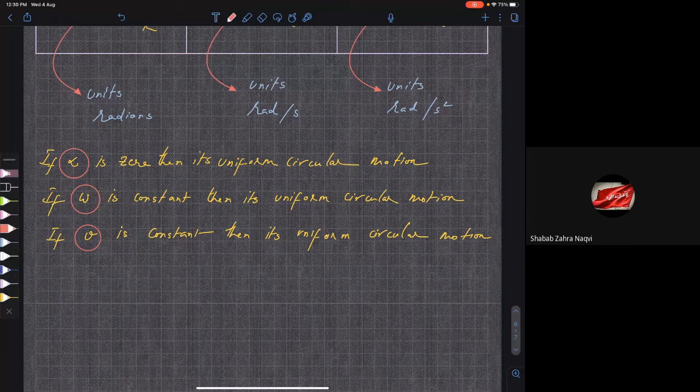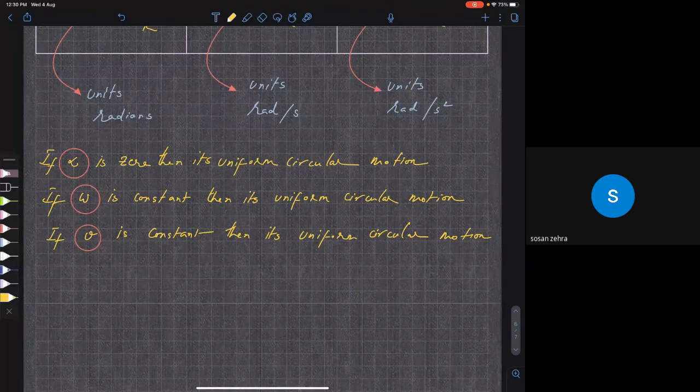Wrong. Why? Because velocity's direction always changes. Velocity cannot be constant in circular motion, because if velocity is constant, both its magnitude and direction must not change. But in circular motion, it must change its direction, right?